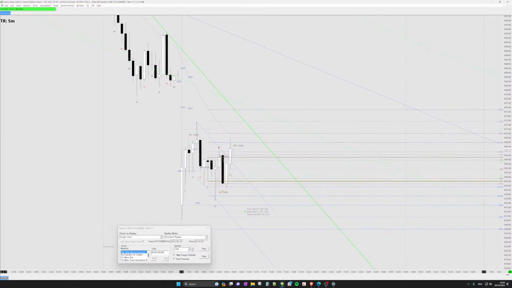So now they are exiting the trap zone. They managed to close above. Yeah, the trap zone. This is the trap zone. They managed to close above. Every time before they were inside the trap zone, and now they are outside that.